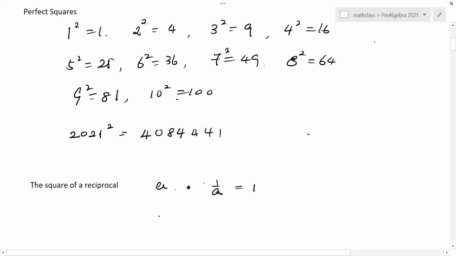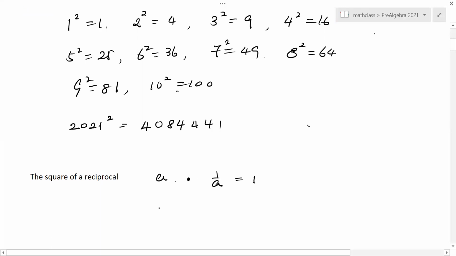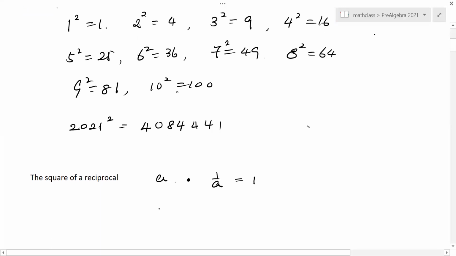We denote it by 1 over A. So my question is, what is the reciprocal of the number square?